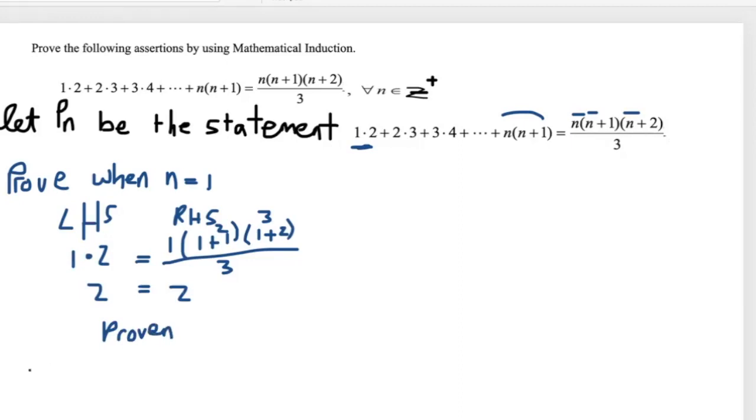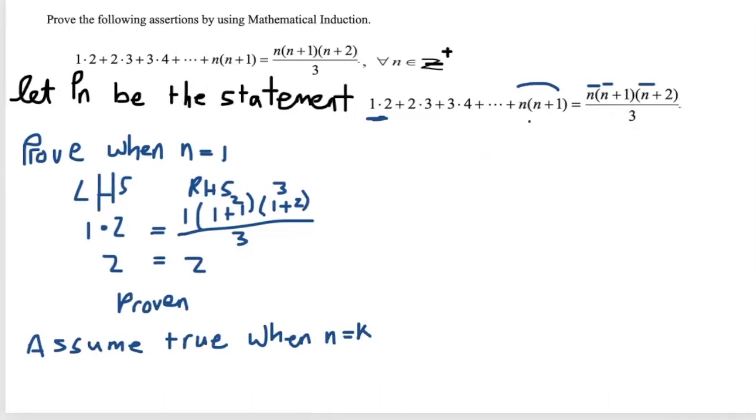Now the next step is to assume true. So assume true when n is equal to k. So when n equal k, where I have n here, I'm going to replace it to be k.